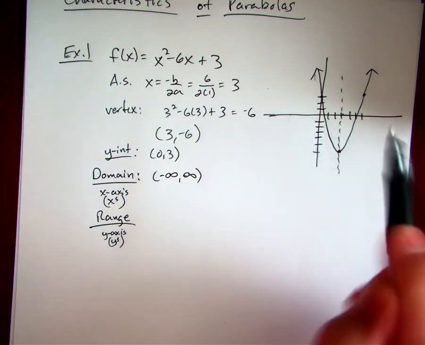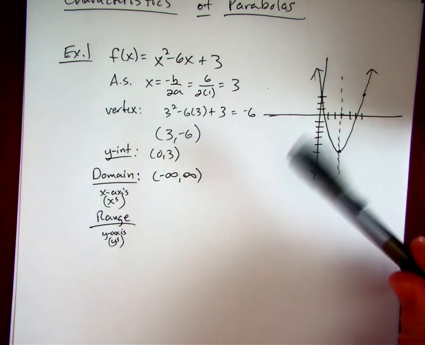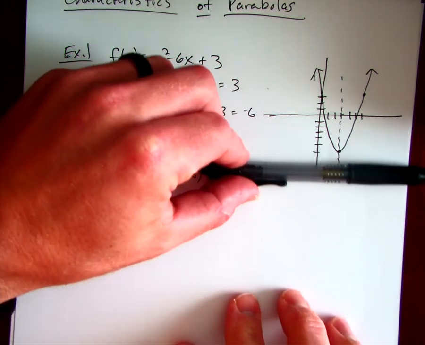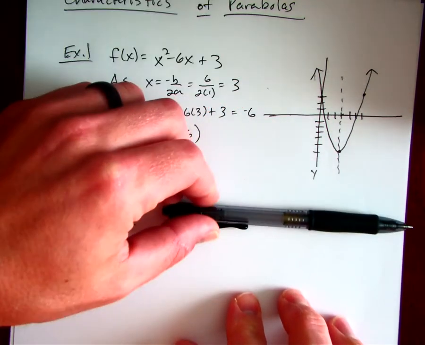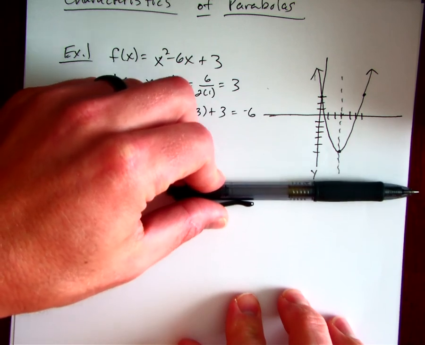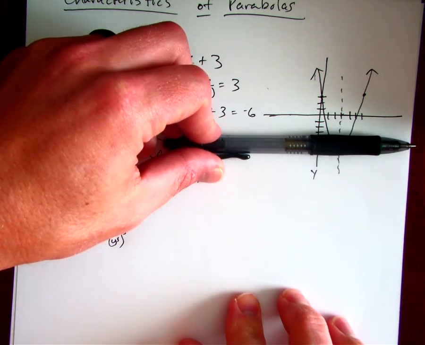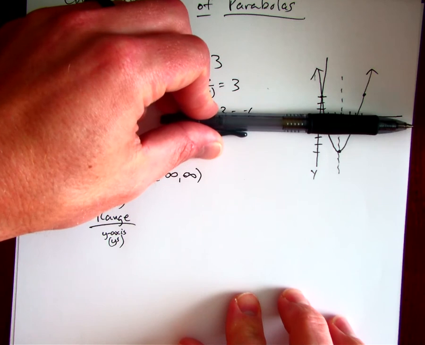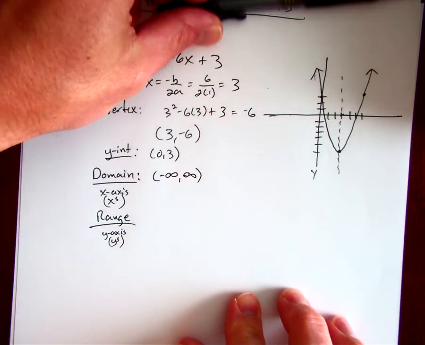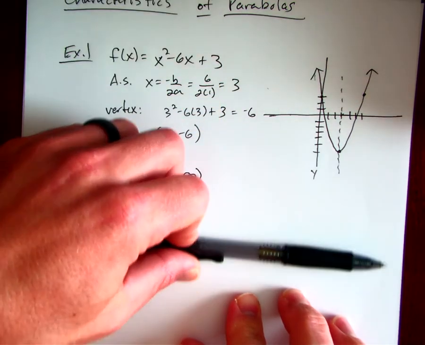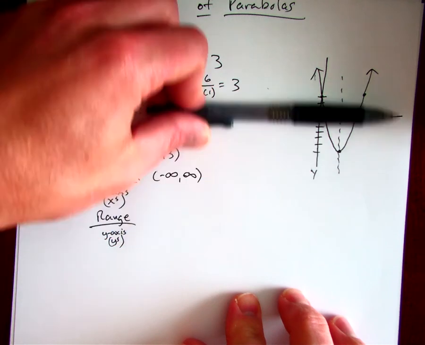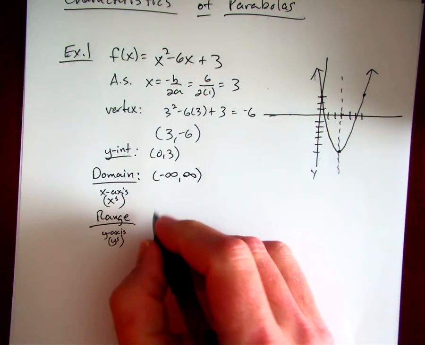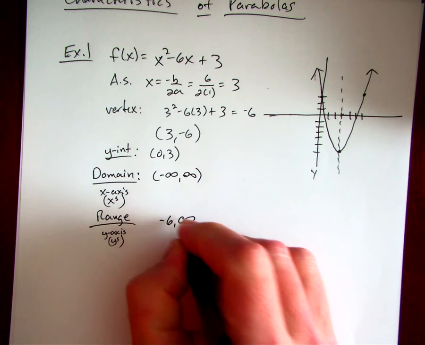So notice I switched it to now the y-axis, where I'm going this way now. So where does this graph actually start on the y-axis? This graph actually starts on the y-axis right at negative 6. And then it goes where? It goes to infinity. So the range is from negative 6 to infinity.